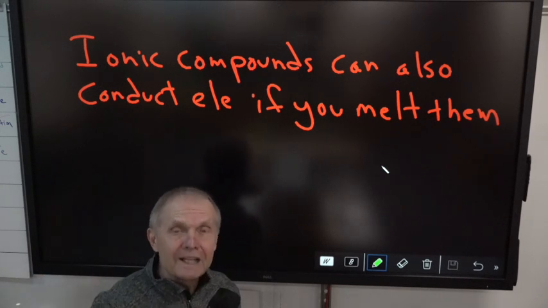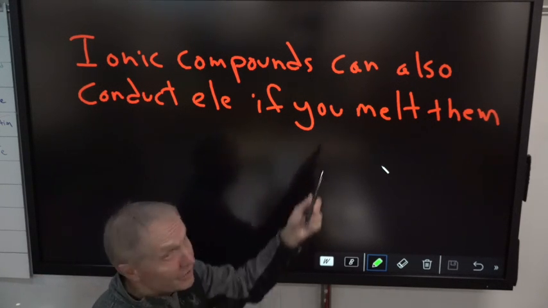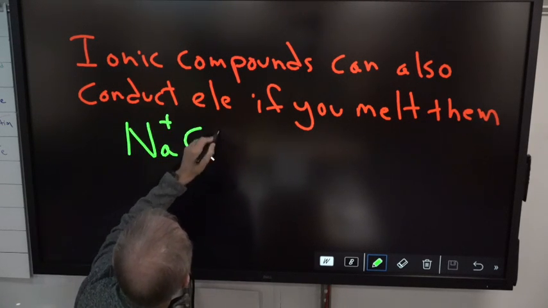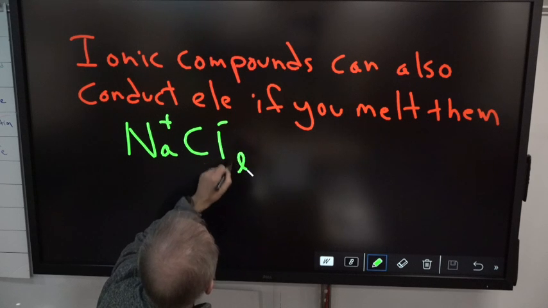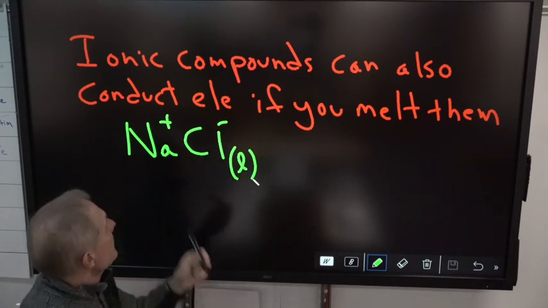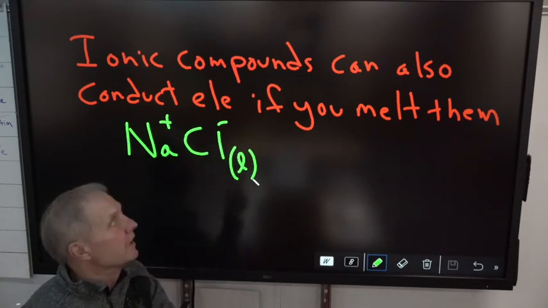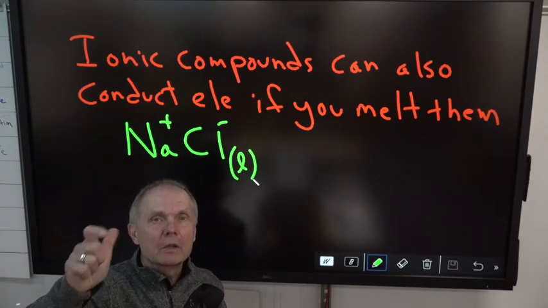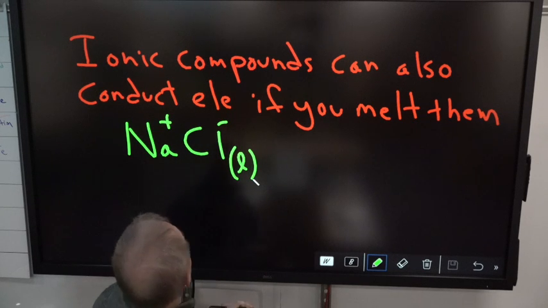If you put them in water, it conducts because it's got free ions. If you melt it, like this, Na plus, Cl minus, (l). L stands for liquid. If you melt it, it will conduct. So two ways ionic compounds conduct: if you put them in water or if you melt them.